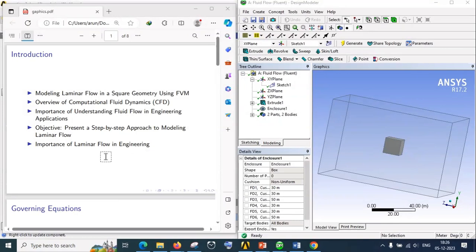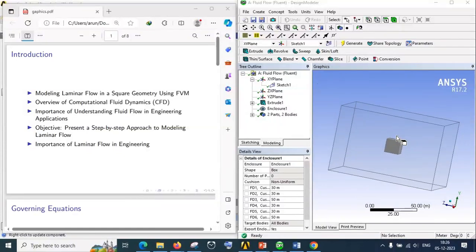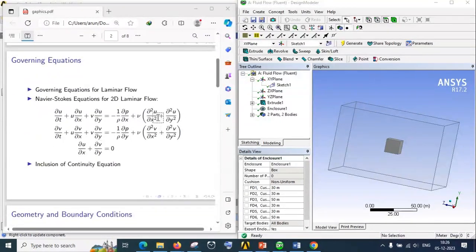Now there are some governing equations which operate on our flow domain and describe behavior in our daily life problem solving. First, the governing equation for laminar flow is the well-known Navier-Stokes equation in 2D laminar flow. In this theoretical part we do not derive it in detail.